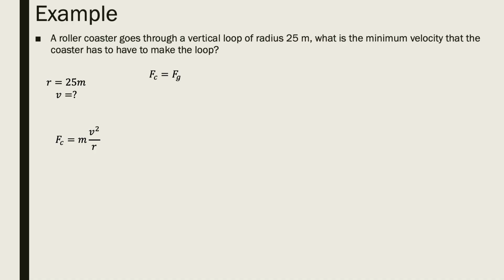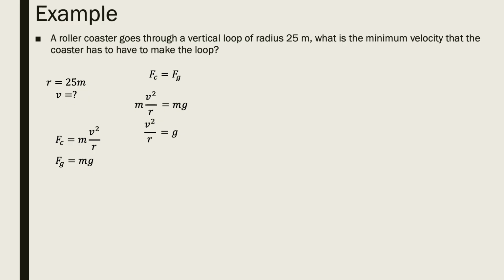Now we know force centripetal is mass times our speed squared divided by r. And we know our force of gravity is mass times gravity. So we can substitute those into that first equation. Now you'll find that we have mass on both sides of our equation, so that cancels out. We then want to start rearranging to get our speed or magnitude of our velocity on its own.